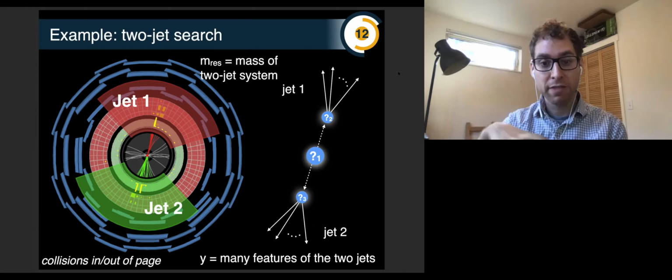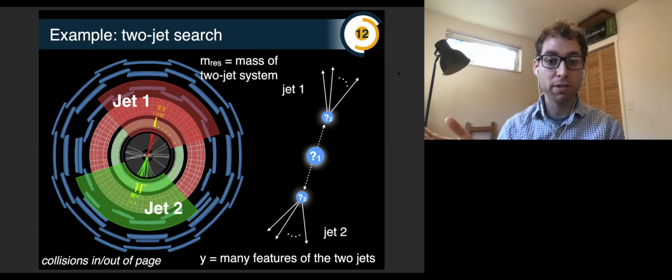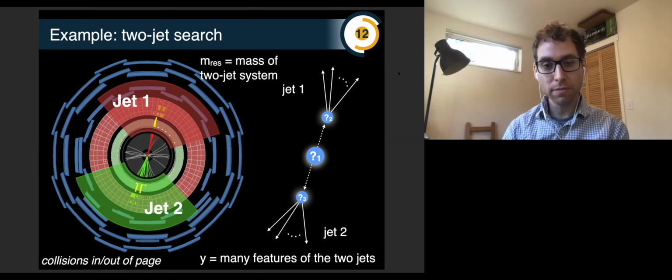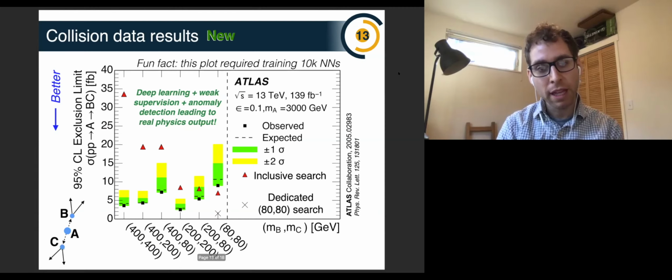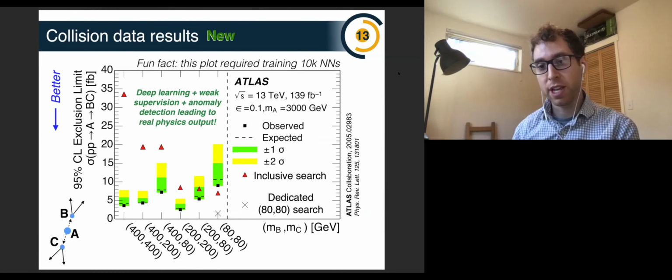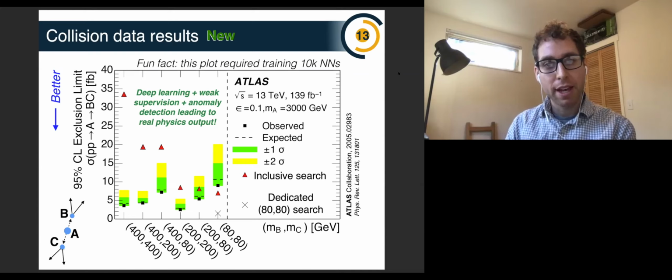The invariant mass of these two jets will be the resonant feature, because in a model-agnostic way, if you have some particle decaying into jets, the invariant mass of those jets will be the mass of the particle. So it'll be naturally localized. And then the substructure of these jets can be used to train this self-supervised classifier. This has been deployed already in a very first pass by the ATLAS experiment.